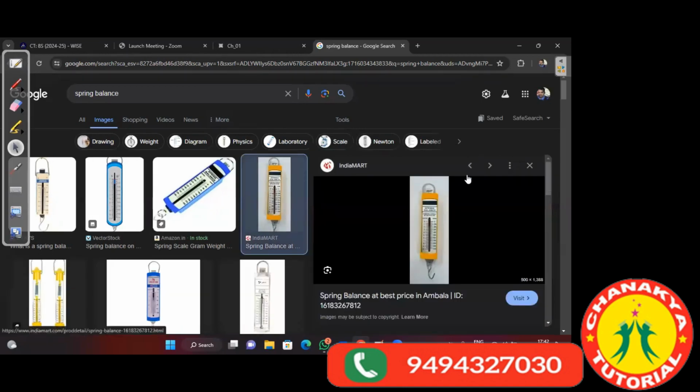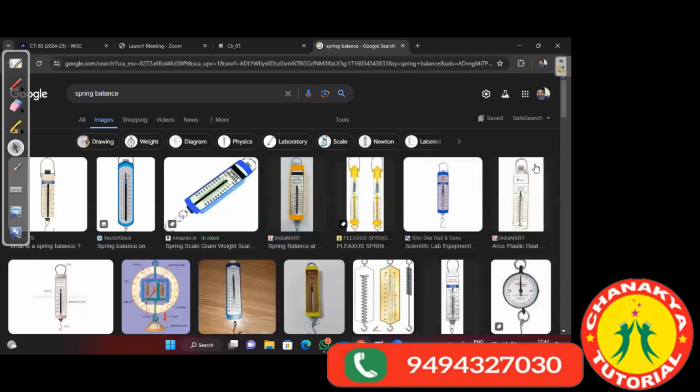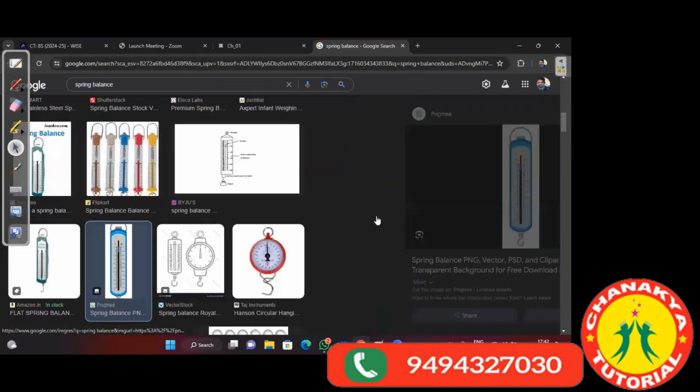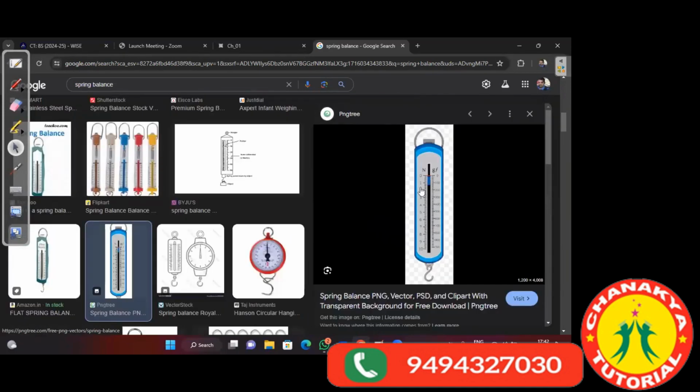If I am able to zoom it in, I will show the spring balance here. Okay, I think it is visible.